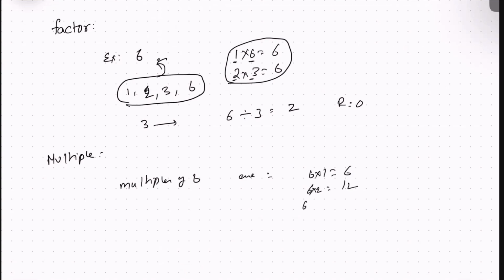You can multiply that number with any number available in the natural numbers. So the list of multiples is unlimited, while the list of factors is limited and known to us. In this case, the multiples of 6 are 6, 12, 18. So this is a factor and this is a multiple.